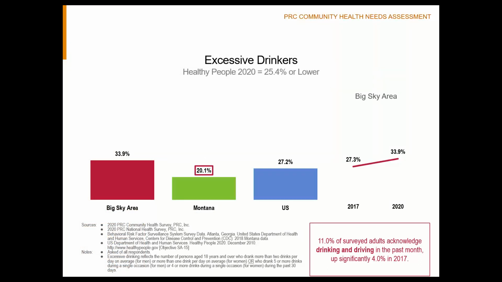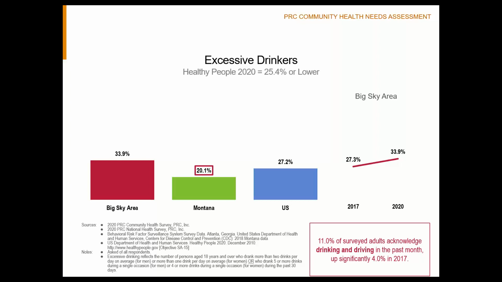So the survey did ask about alcohol intake. For example, how many days you drank, how many drinks you had. And from there, we're able to identify excessive drinking. And note, excessive drinking reflects the number of persons age 18 and over who drank more than 2 drinks per day on average for men, more than 1 drink per day on average for women, or it's anyone who drank 5 or more drinks during a single occasion for men, or 4 or more drinks during a single occasion for women during the past 30 days.